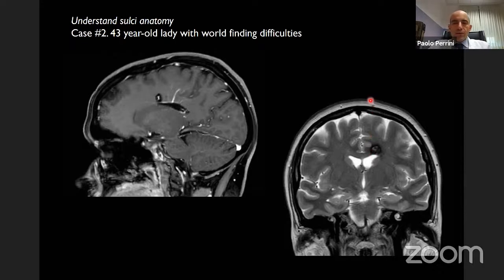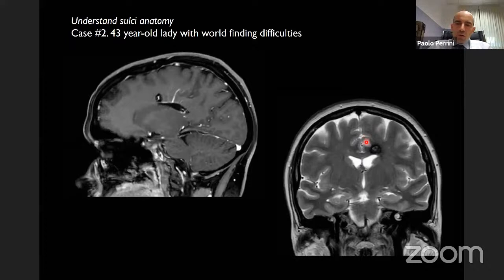We can do a transcortical, interhemispheric ipsilateral, interhemispheric contralateral approach, but if we know the anatomy of the sulci, we can appreciate that this lesion is just close to this deep sulcus. All the sulci are directed toward the ventricles. Only the sulci on the mesial surface of the interhemispheric fissure are not directed toward the ventricle because they are developing according to the development of the corpus callosum, so they are horizontally orientated.